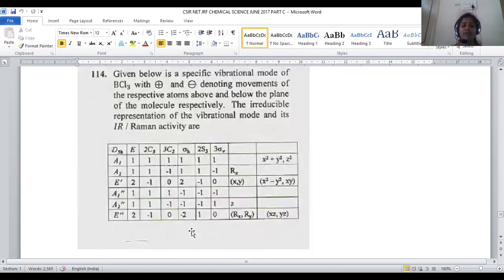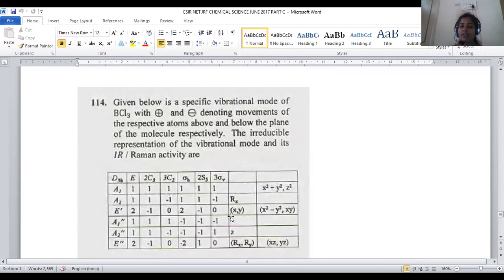Let us move on to question number 114. Again, it is part of irreducible representations. Given below is a specific vibrational mode of BCl3, boron trichloride, with the positive and negative denoting movements of the respective atoms above and below the plane of the molecule respectively. The irreducible representation of the vibrational mode and its IR and Raman activity are.